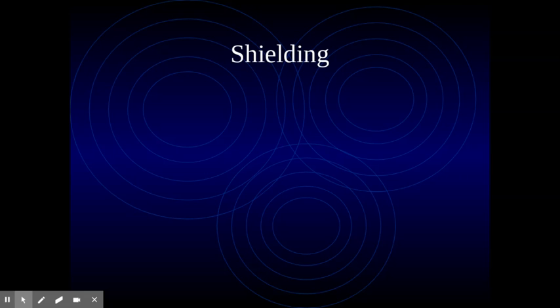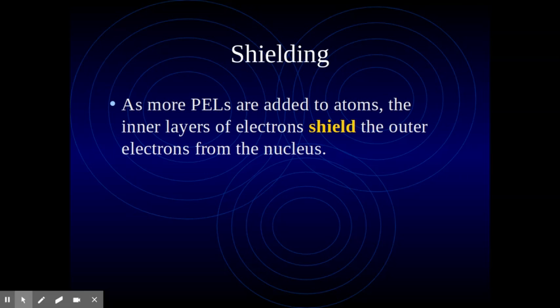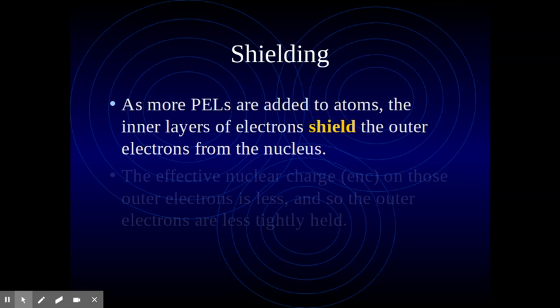Now let's talk about something called shielding. So as you add more energy levels to an atom, the inner layers are going to shield the outer electrons from the nucleus. So what does that mean? You think of a shield like blocking, right? Like it's in the way of something.